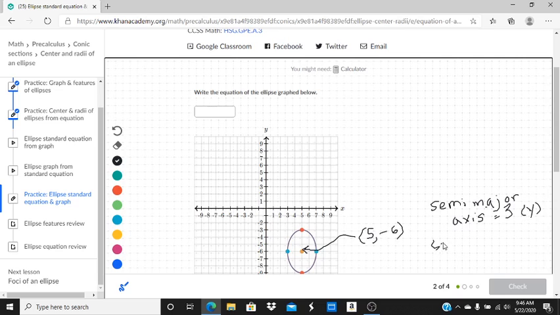The semi-minor axis is going to be over 1, 2 units, and that's on the x.